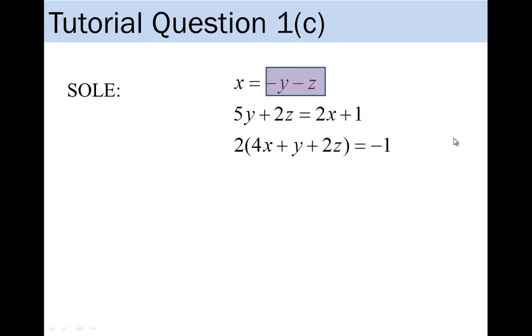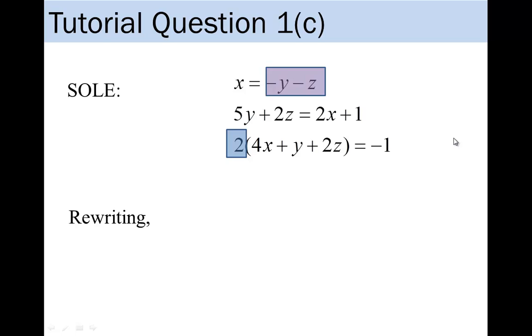What we observe is this. In this question, some of the variables are on the right-hand side while others are on the left-hand side. In addition, our left-hand side in the third equation comprises 2 multiplied by an entire expression.